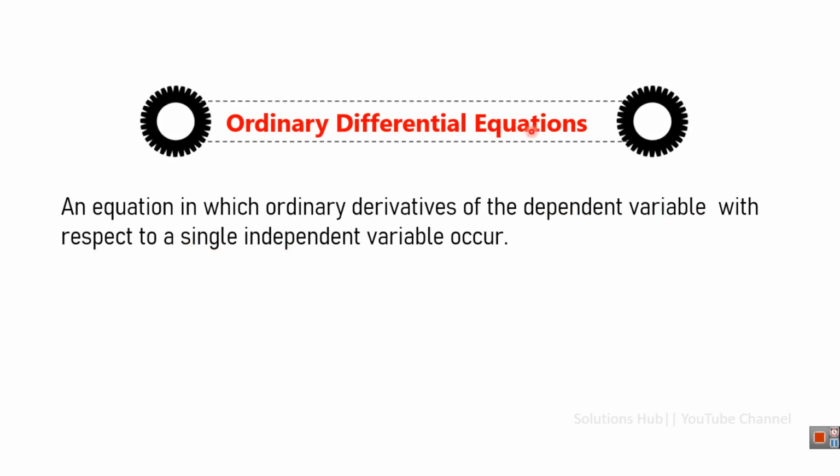If we have any differential equation and the derivative appearing in it is with respect to a single independent variable, not more than a single independent variable, then that particular differential equation will be called an ordinary differential equation. There can't be more than a single independent variable involved in an ordinary differential equation. For an equation to be ordinary, there must be a derivative with respect to only a single independent variable.